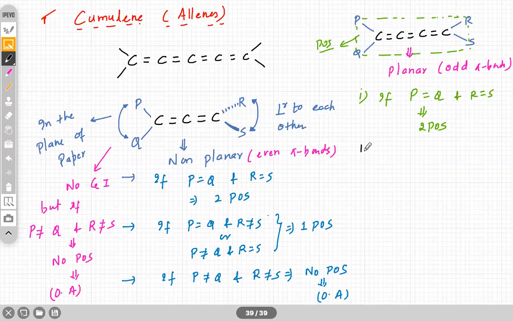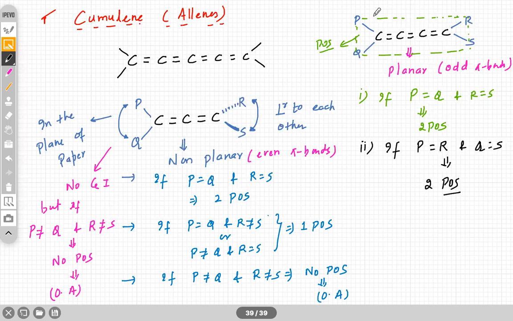Okay. The second one, if we have P equal to R and Q equal to S, then also we have two POS possible, right?